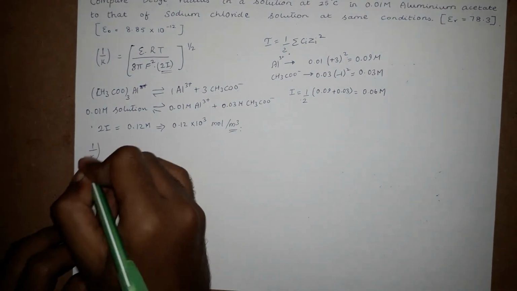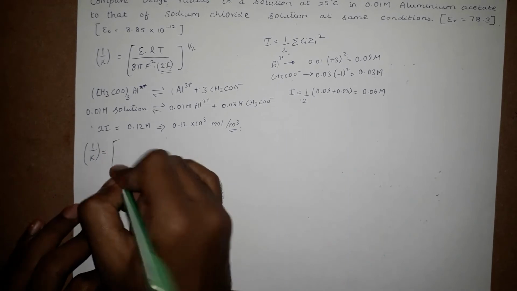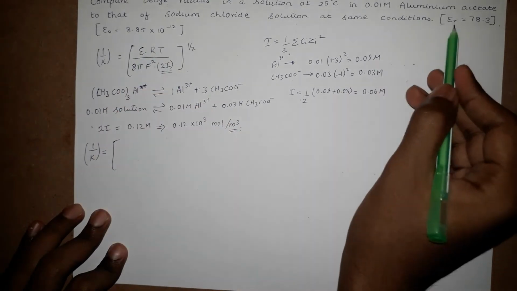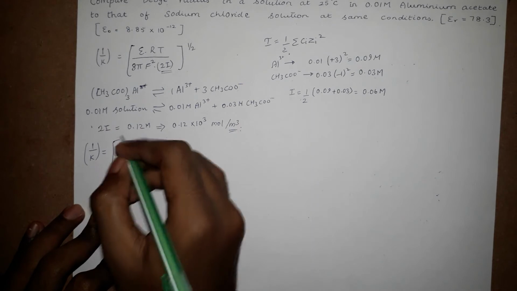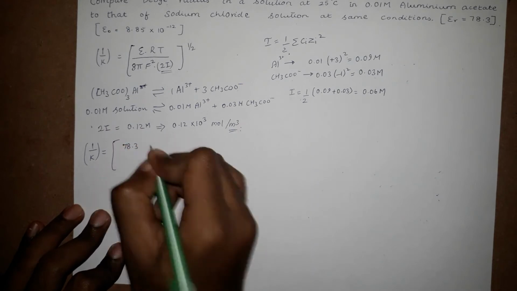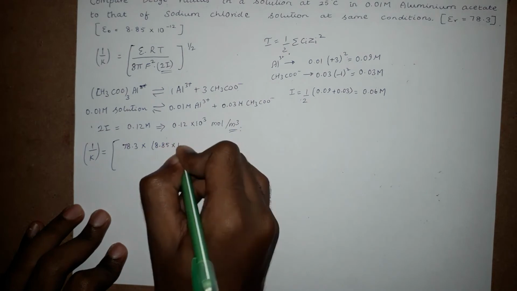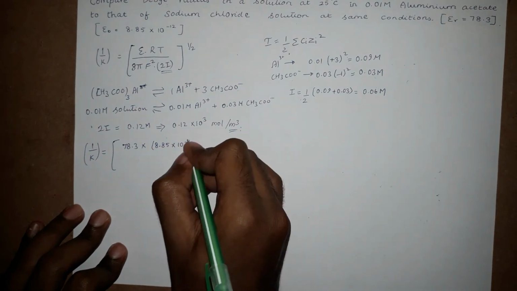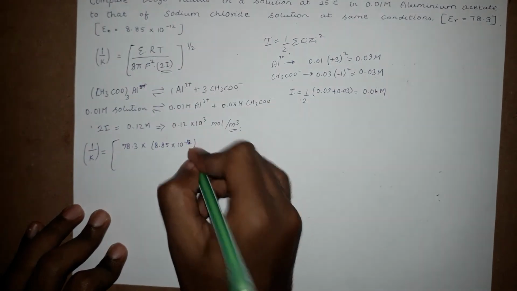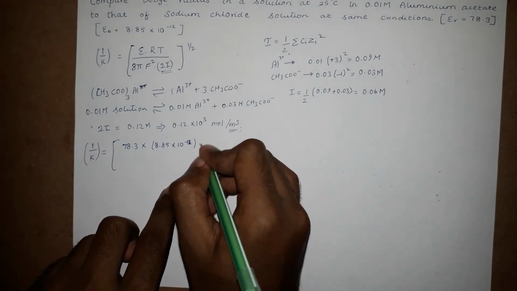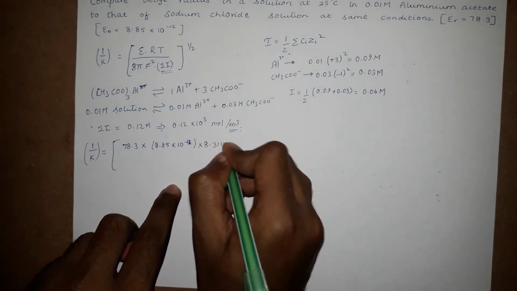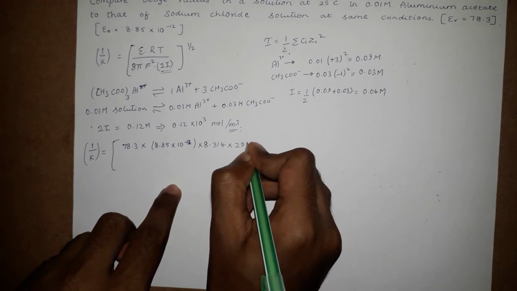Therefore 1 over kappa is equal to epsilon r times epsilon naught, so 78.3 times 8.85 into 10 to the power minus 12, times 8.314 times 298.